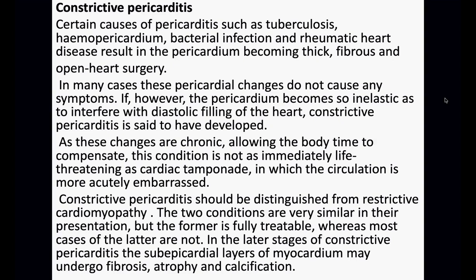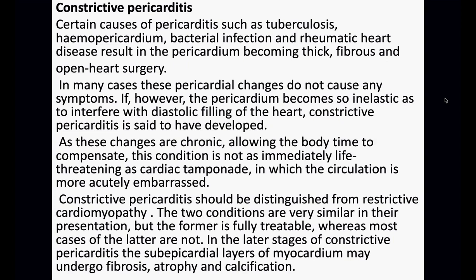However, when the pericardium becomes so inelastic as to interfere with diastolic filling of the heart, constrictive pericarditis is said to have developed. As these changes are chronic, allowing the body time to compensate, this condition is not as immediately life-threatening as cardiac tamponade, in which the circulation is more acutely embarrassed.